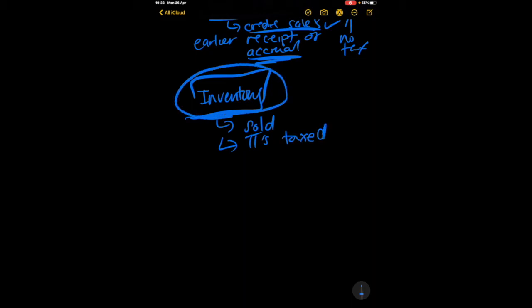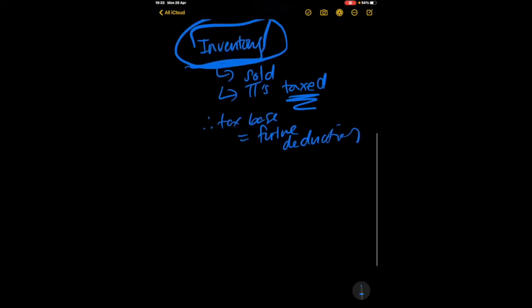So with inventory, I've got an asset where the future economic benefits are going to be taxed. That means that the tax base will equal the future deductions. Now let's think about what the future deductions are in inventory.